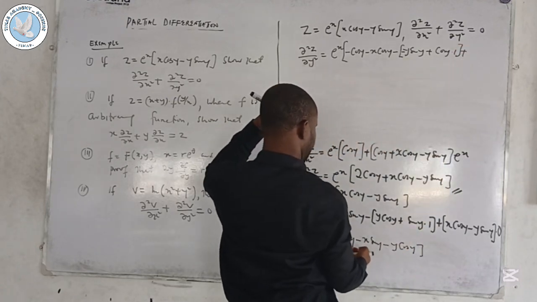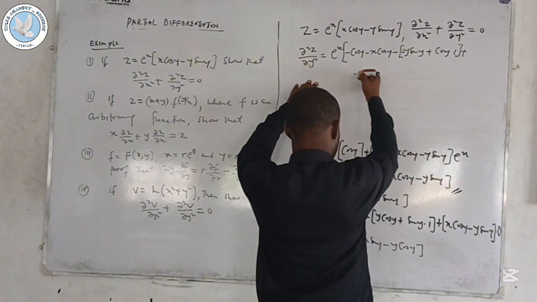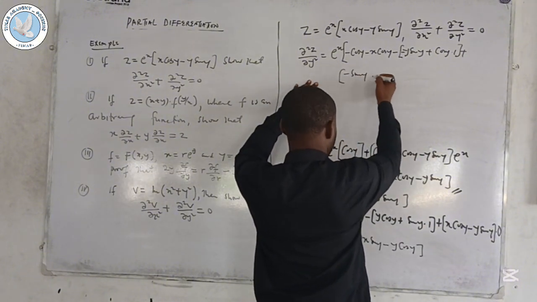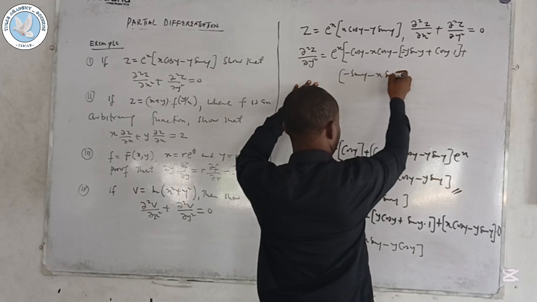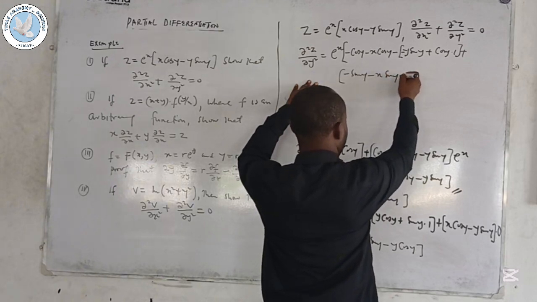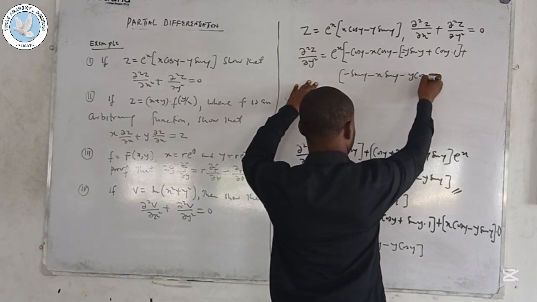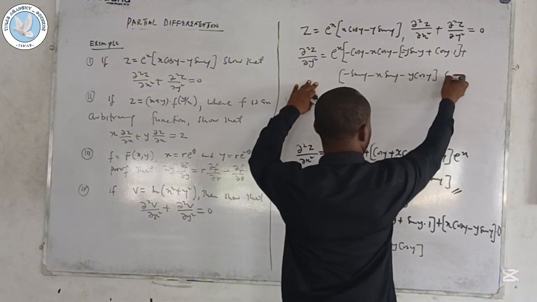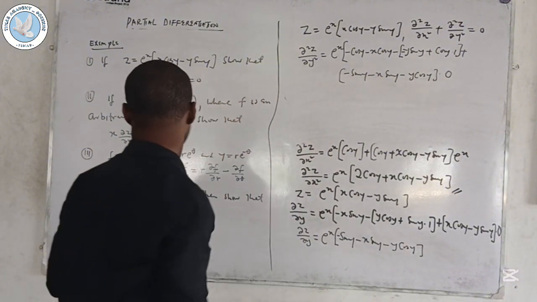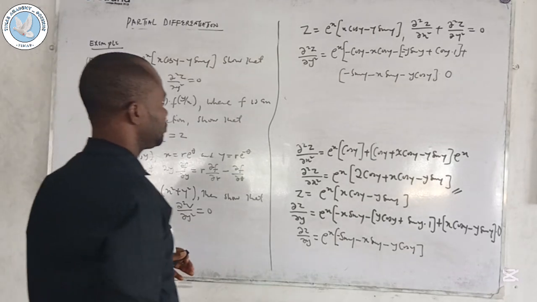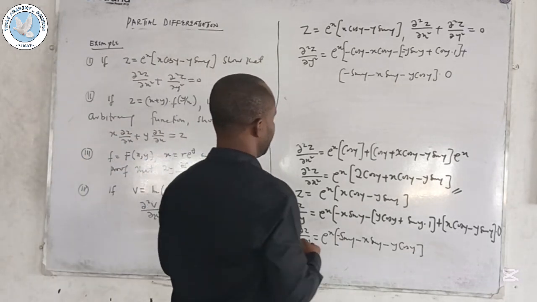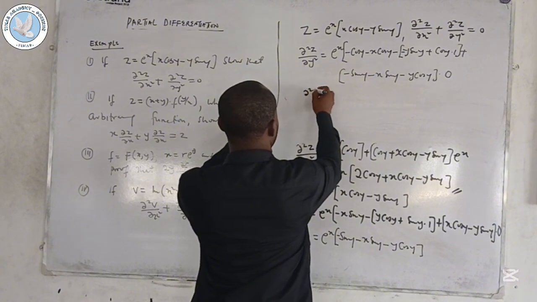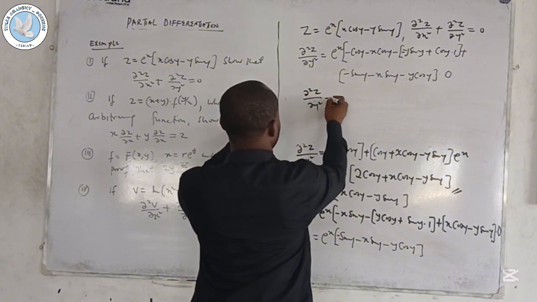We also maintain this minus sine y minus x sine y minus cos y, multiply the whole of that with 0. So at this point, we can simplify the equation.